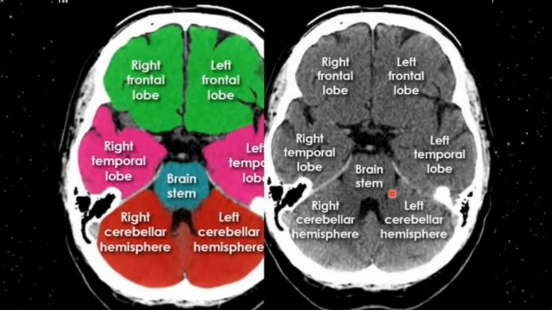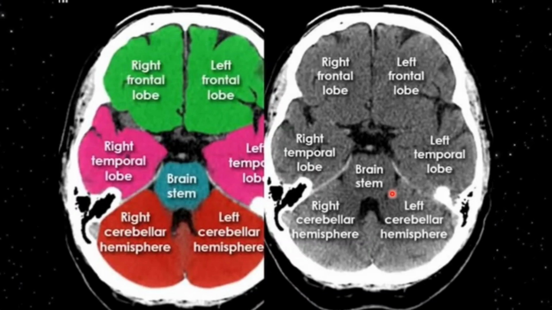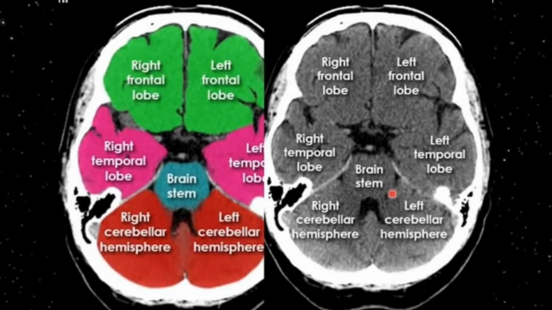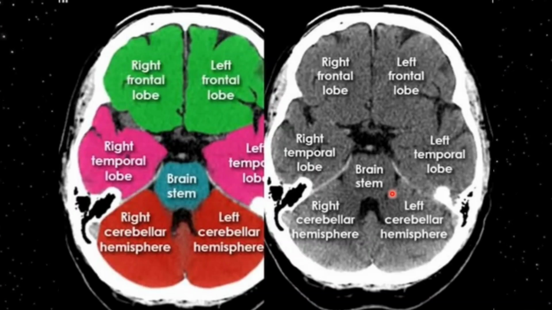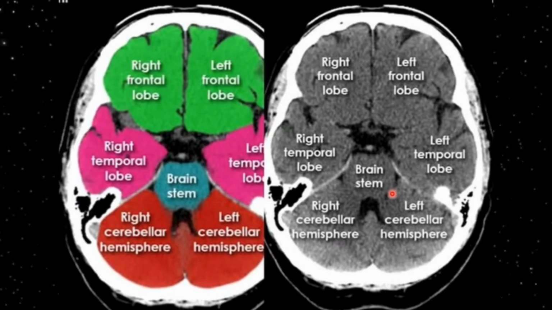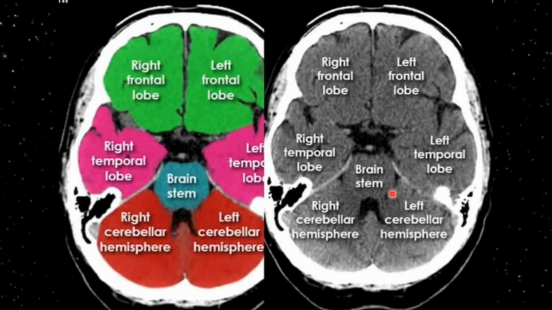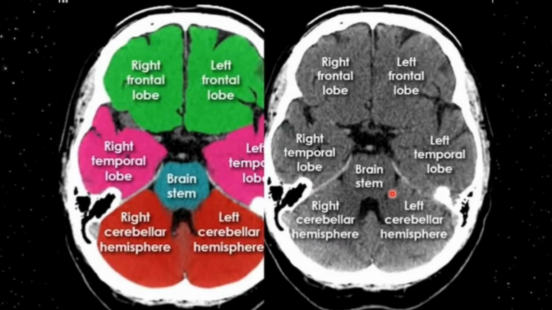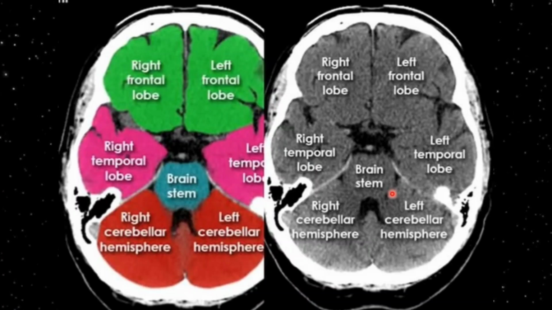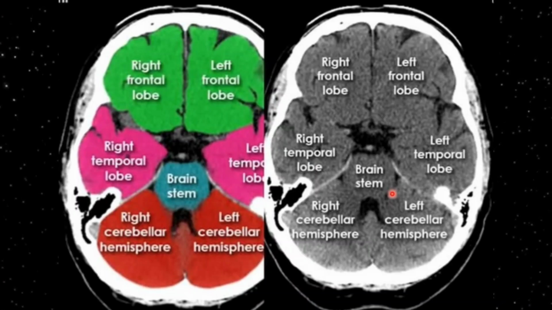There you can see the right temporal lobe and the left temporal lobe. Just behind, in between, you can appreciate the brain stem. The brain stem is composed, from down to upward, of the medulla oblongata, pons and midbrain, and further downward you can appreciate the two cerebellar hemispheres, which are in view.